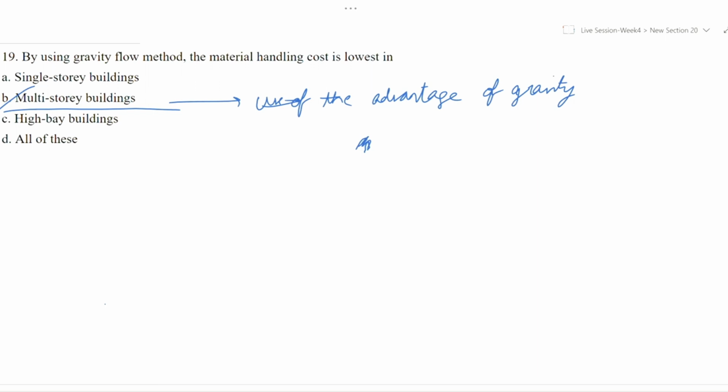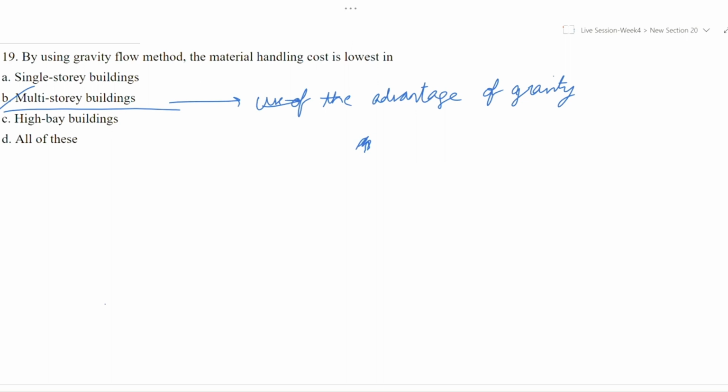But apart from these benefits, there are few undesirable and negative features related with multi-story building. These are like difficulty in designing the flow of material. That is, sometimes the material handling is also difficult in case of multi-story buildings. Further, there is space wastage for auxiliary units such as elevators, staircases, service facilities, a lot of space is wasted, and also we have less load bearing capacity.